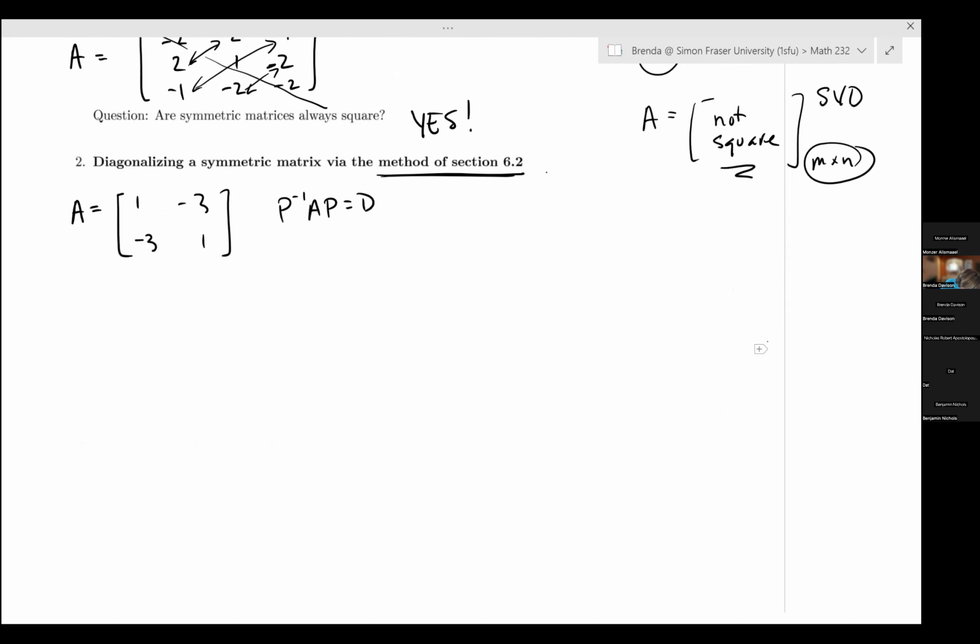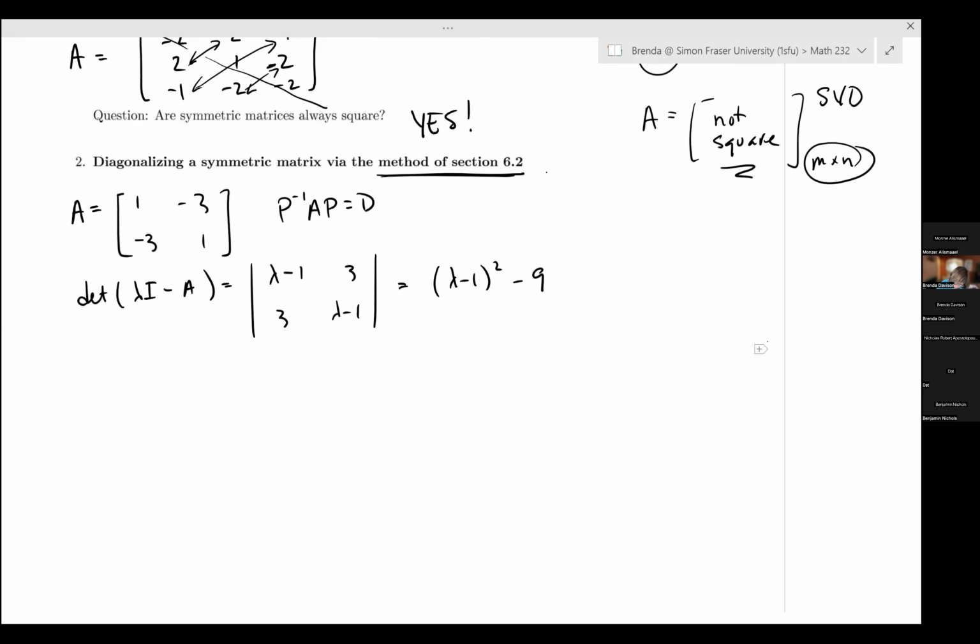So the usual thing: I need to find the eigenvalues. So I'll take the determinant of lambda I minus A. That determinant is lambda minus 1 squared minus 9.